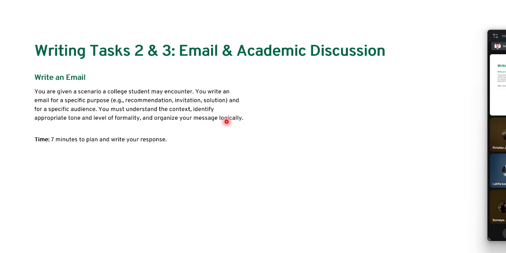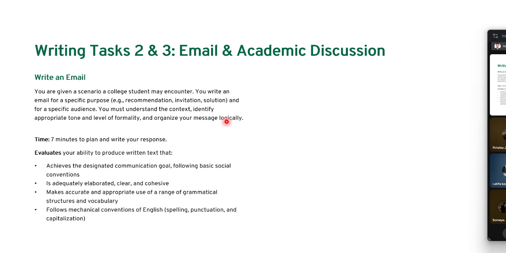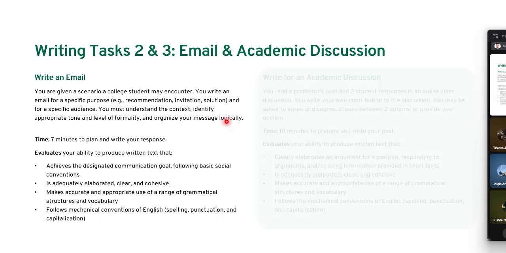We have 7 minutes to plan, write and edit our response. It focuses on the communication goal and following basic conventions: being polite, using a specific format, using the right range of grammatical and structural choices, and English mechanical conventions.